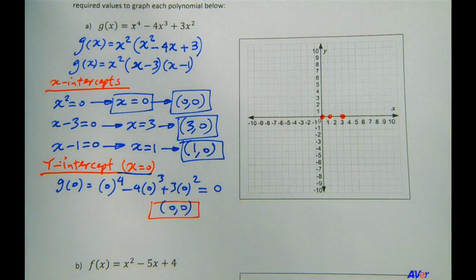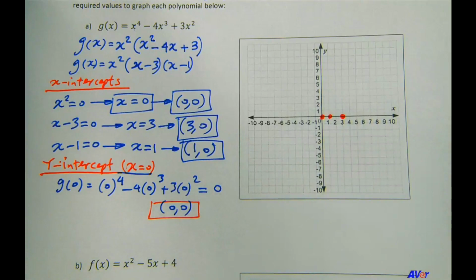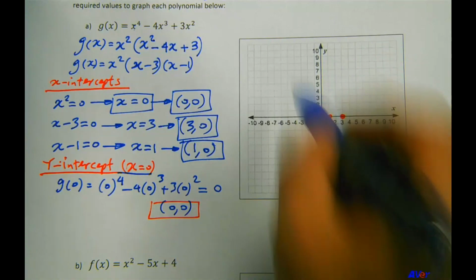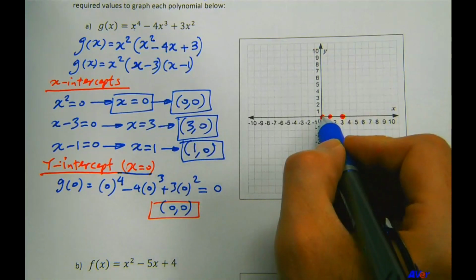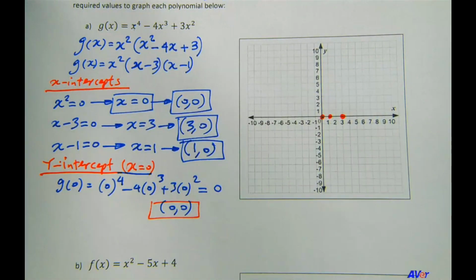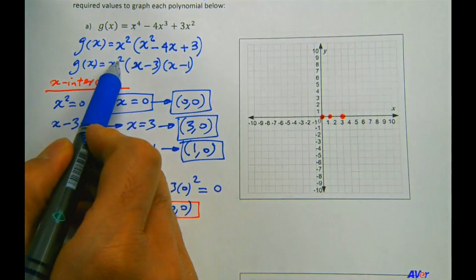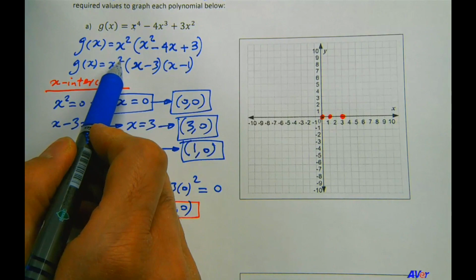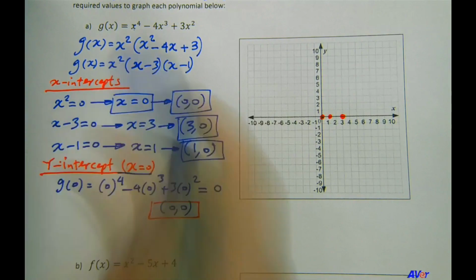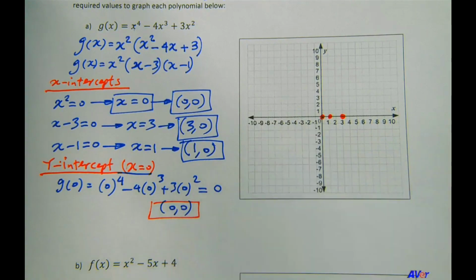Okay, so now we know that the graph is going to hit the origin and bounce back to the same side, because x squared has even multiplicity. So the line is not going to cross the x-axis at the origin. It's going to bounce back to the same side.